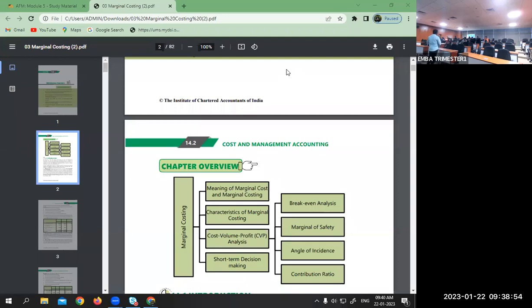That's correct. Cost of production is nothing but total cost minus selling and distribution cost.